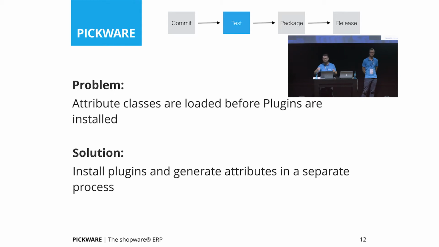And then your installation method runs, and this may create additional fields in your attributes. But because your attribute classes were already loaded, when you now execute your plugin test, the attribute fields aren't there. So this was a problem for us, and in order to resolve this, we have a technique by which we install the plugins, generate attributes and clear the cache in a separate process, and only then execute our tests.